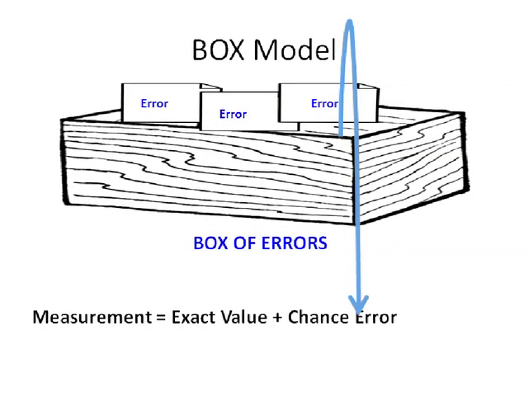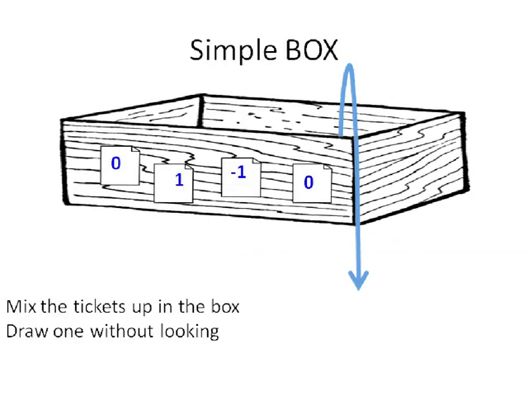Go back to here. So we're going to pick these errors from this box, and again, the measurement is equal to some exact value plus the error that we get from here. Okay? All right. So I'm going to mix this up.